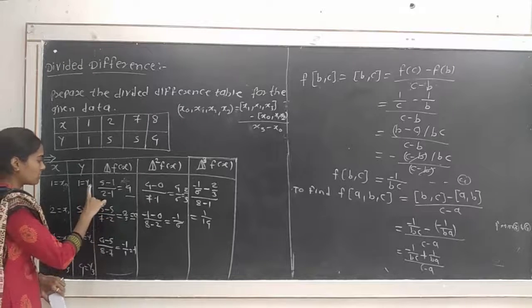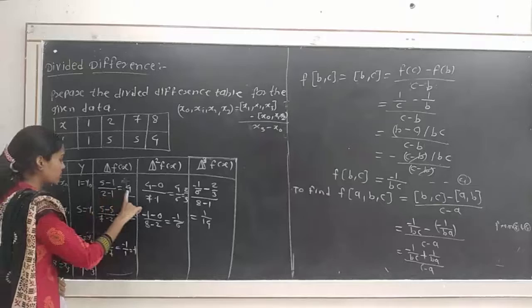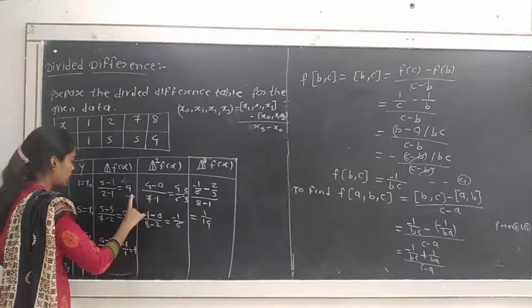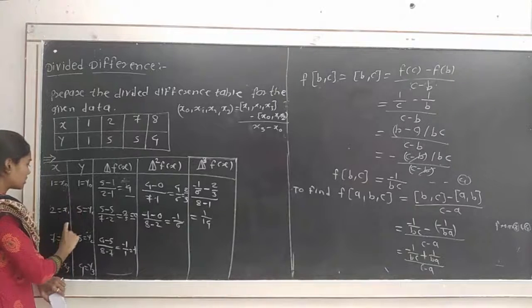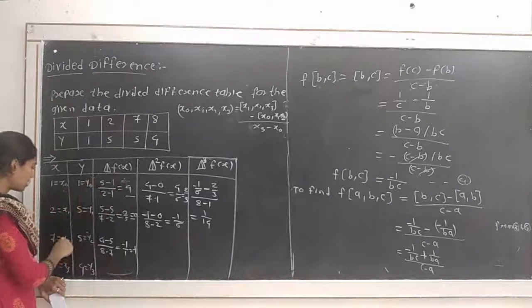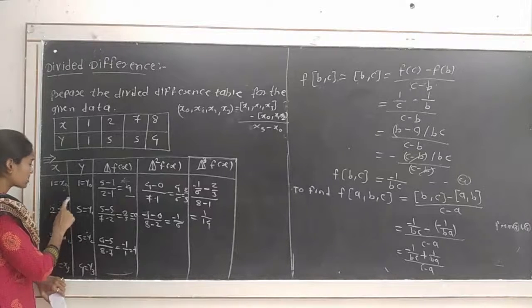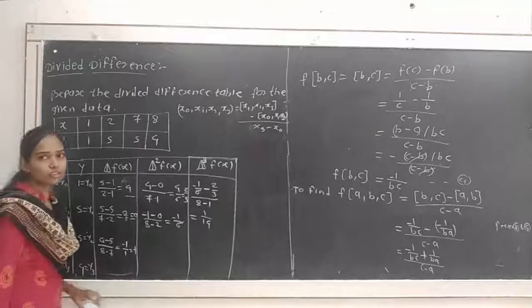Then for the second divided difference, we take the difference of the first divided differences in the numerator, divided by the difference of the arguments, considering three consecutive arguments, skipping the middle one and taking in the denominator the difference of the last and the first argument.